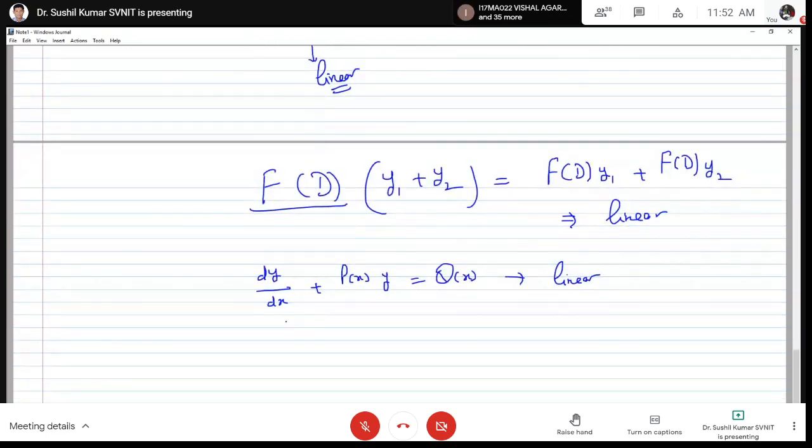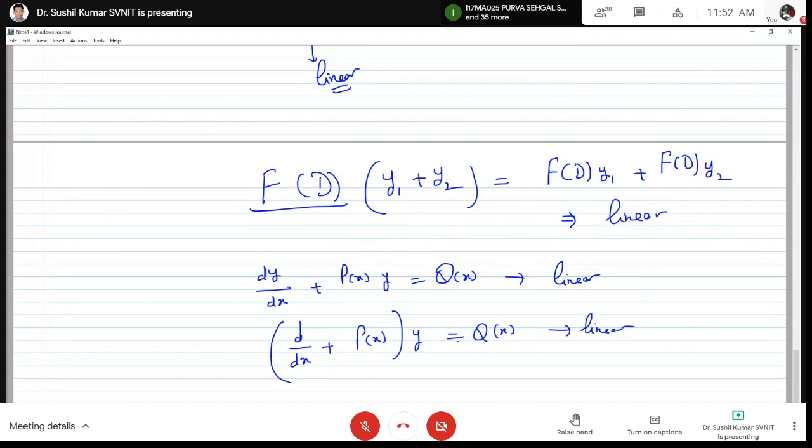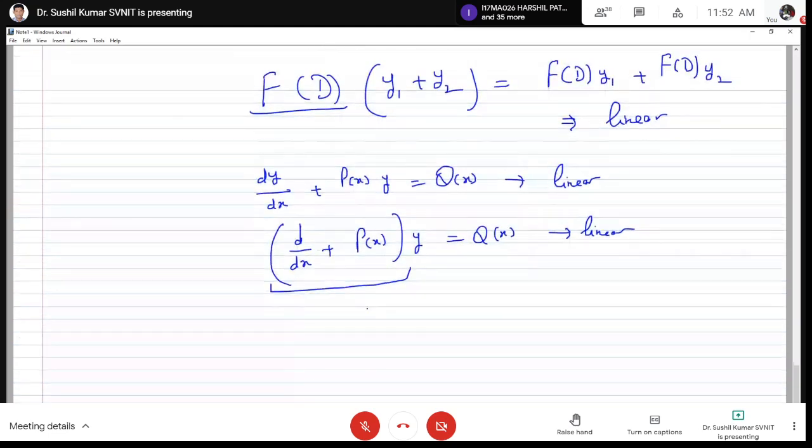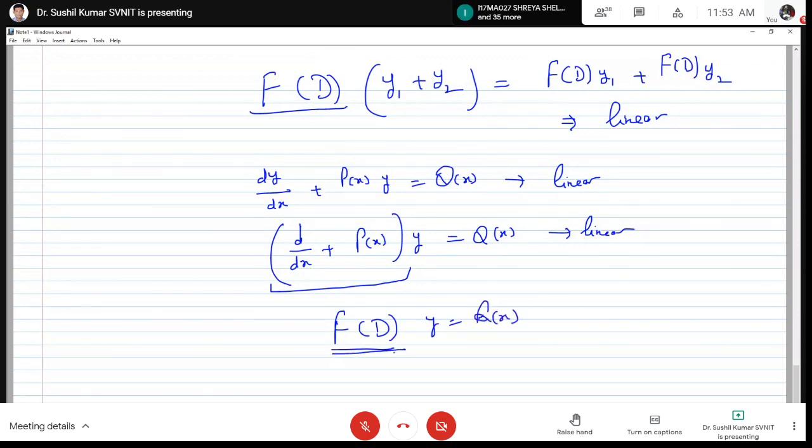So I can write this equation in this form: d over dx plus p x, into y, equal to q of x. So it is linear. So this part is the f D part. This is the f D part. f D of y equal to q x. You have to check whether this is linear or non-linear.